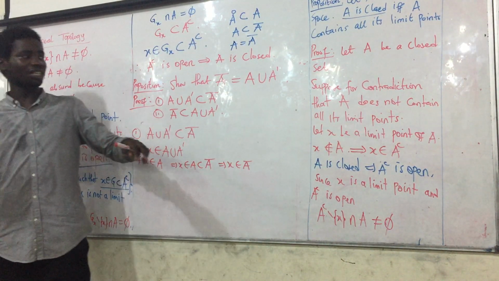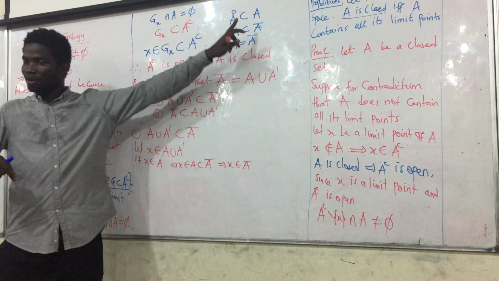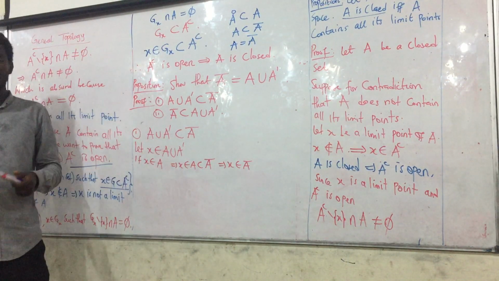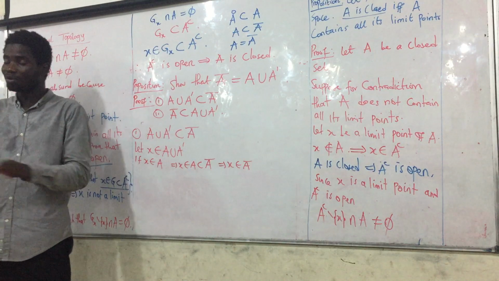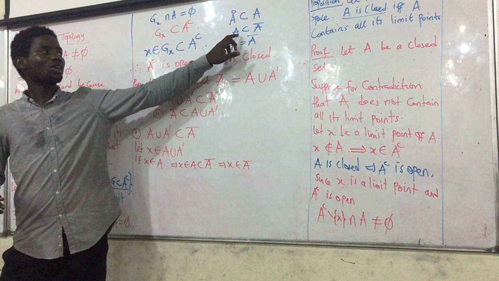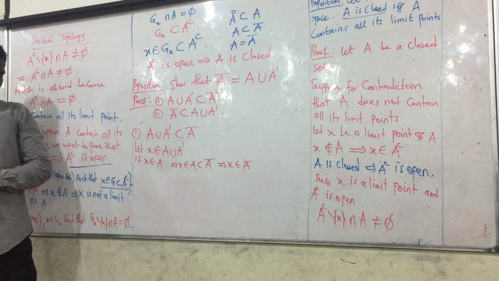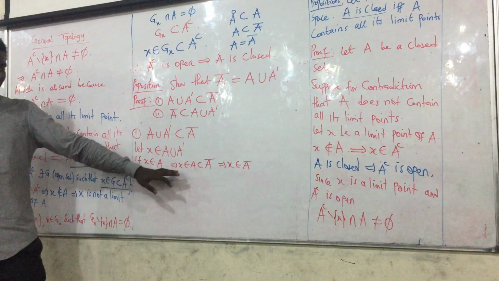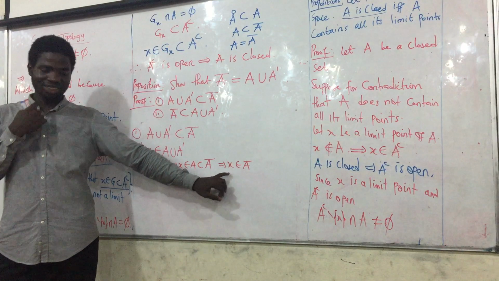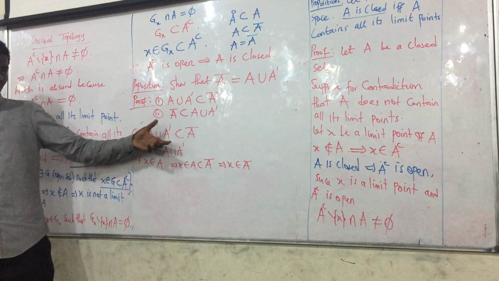If you check the last class, when A is closed, A is equal to the closure. Do you understand? But for all sets, they are always contained inside their closure. Do you get that? So if S is in A, it means S is a subset of A closure, which means that S is in A closure. I've shown that all of this one is inside here.